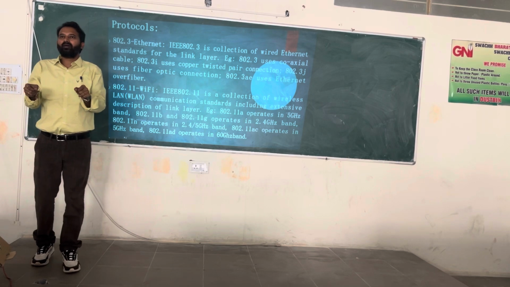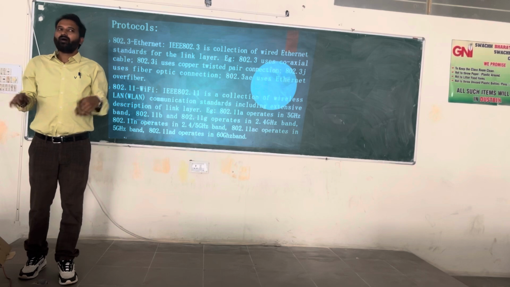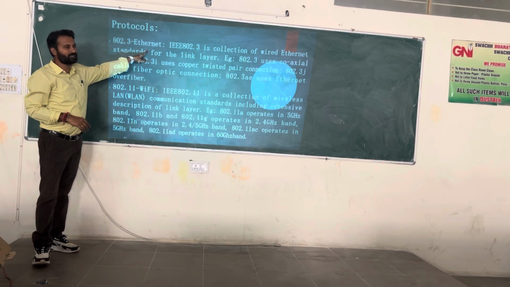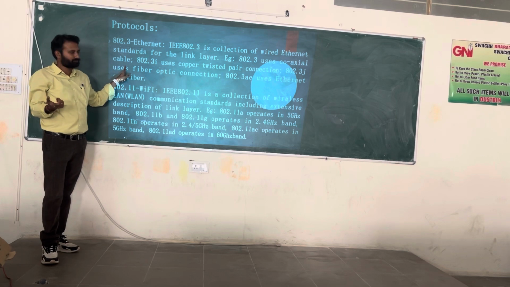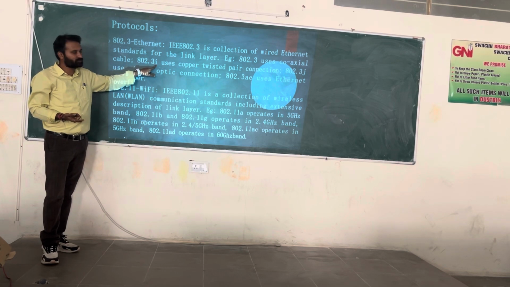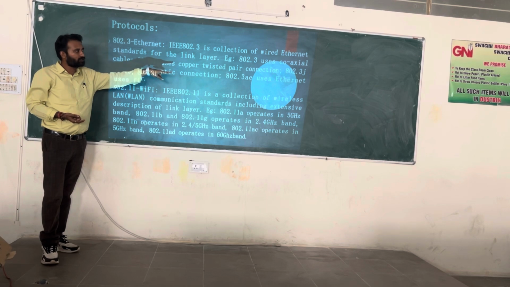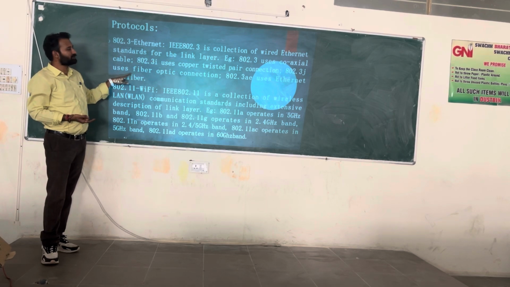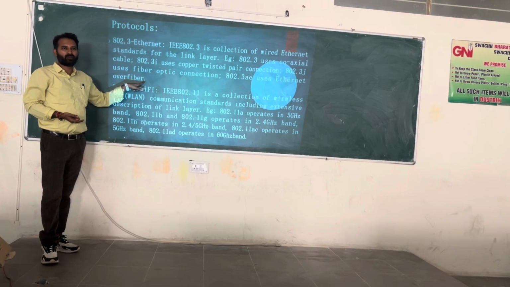Wired means they are not wireless. In 802.3 Ethernet, some examples use coaxial cable. 802.3i, small i, uses a copper twisted pair connection. 802.3j uses a fiber connection, and 802.3ae uses Ethernet over fiber.